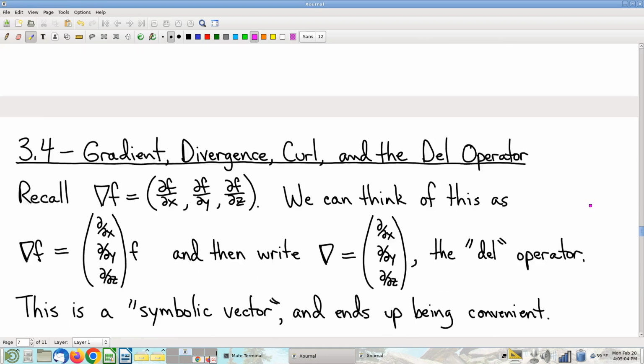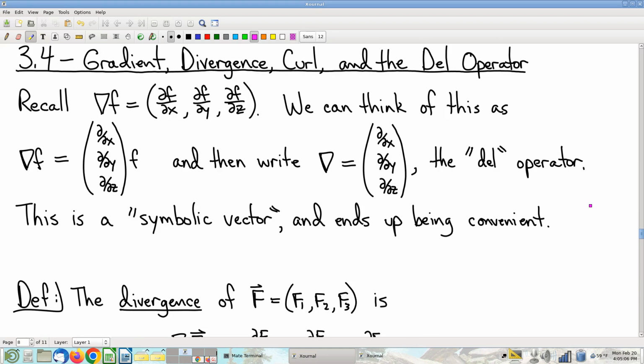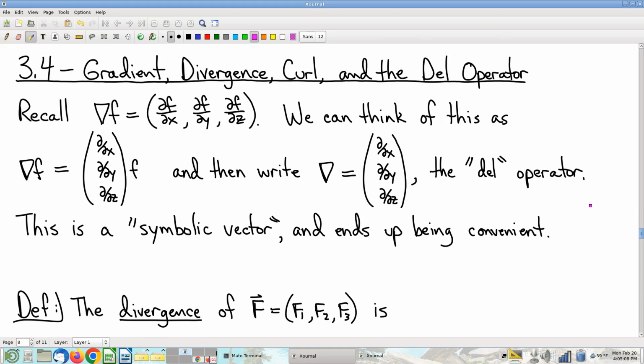Okay. And now I move on to section 3.4. This is a weird section, and we're going to cover this pretty quickly. A lot of this is just foreshadowing. This is just introducing some ideas that are going to be a big deal later on, mostly chapters 6 and 7, mostly chapter 7 in particular.